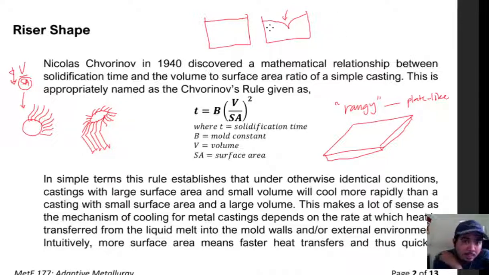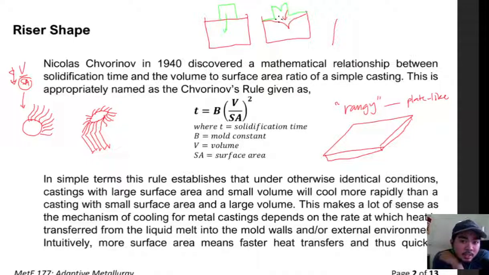So para ma-alleviate to, gagawin natin is, for example, if this is your metal, lalagay tayo ng sacrificial na riser dito. Okay, so this riser will feed liquid metal into the final casting. So ang mangyayari is we'll have something that looks like parang ganyan. So magiging ganyan siya. Tapos i-cut off na lang siya after casting.